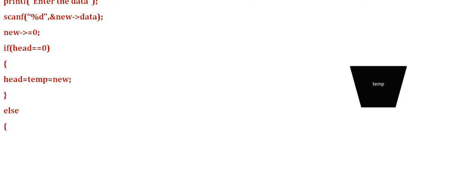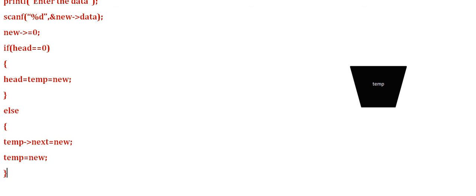Okay, now see, temp next is equal to new. Now temp next will have the address of the new node, and then temp becomes the new one, which was created now.